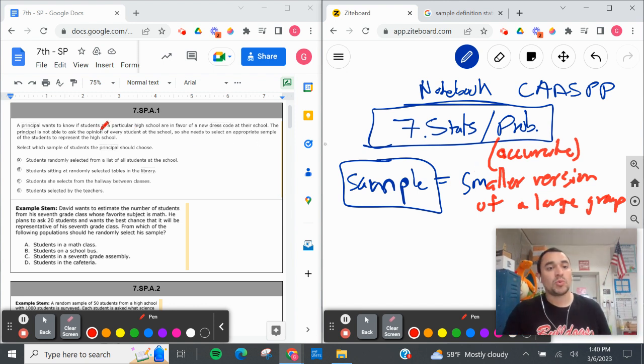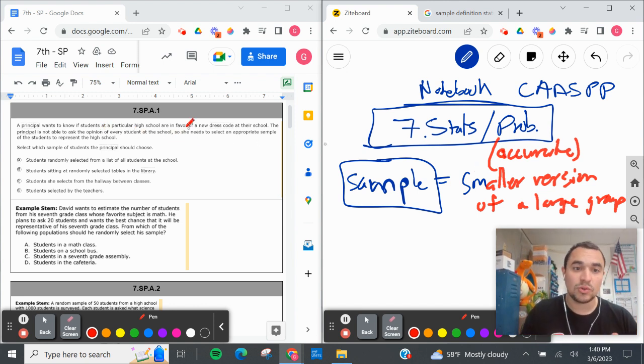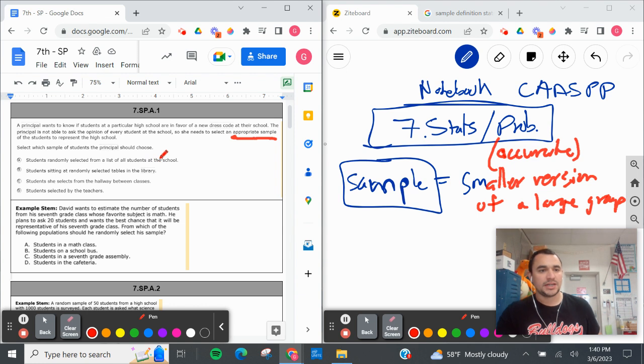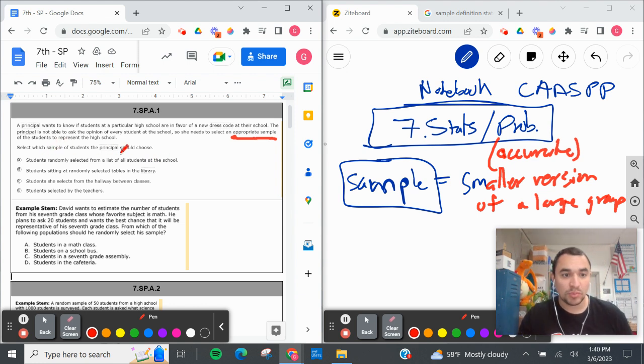So a principal wants to know if students at the high school are in favor of a new dress code at their school. The principal is not able to ask everybody, so we need an appropriate sample. Which sample of students should the principal choose? Which is going to give us the best, most accurate result?